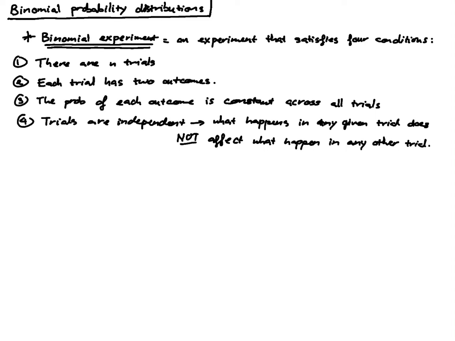So if an experiment satisfies these four conditions, then it's known as a binomial experiment.